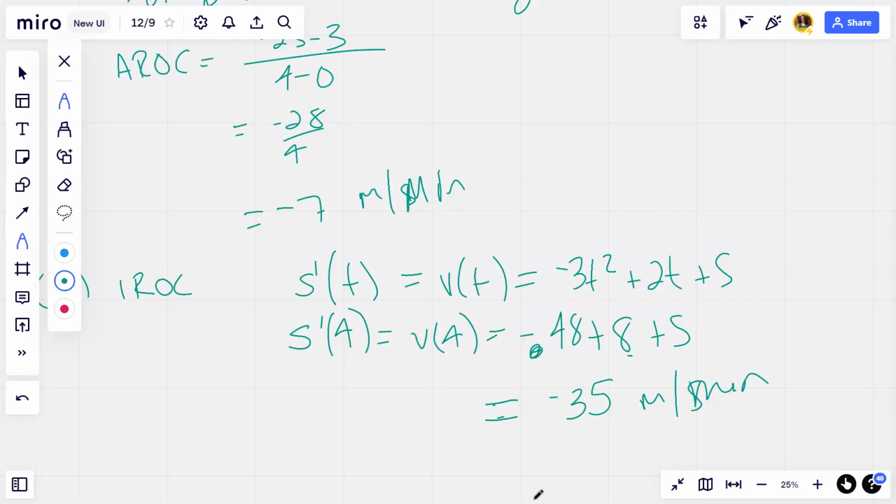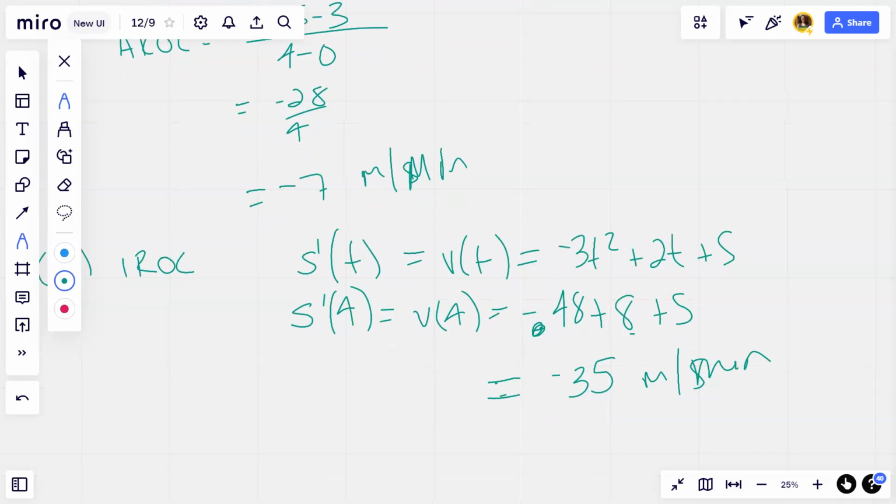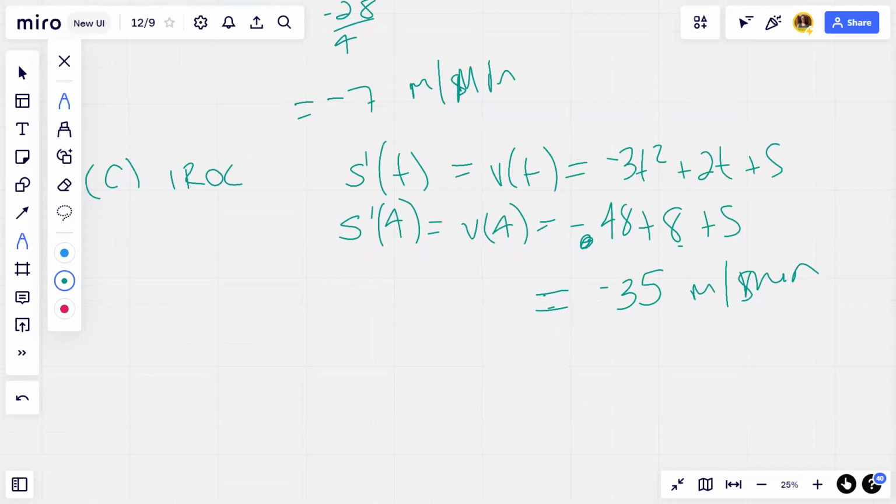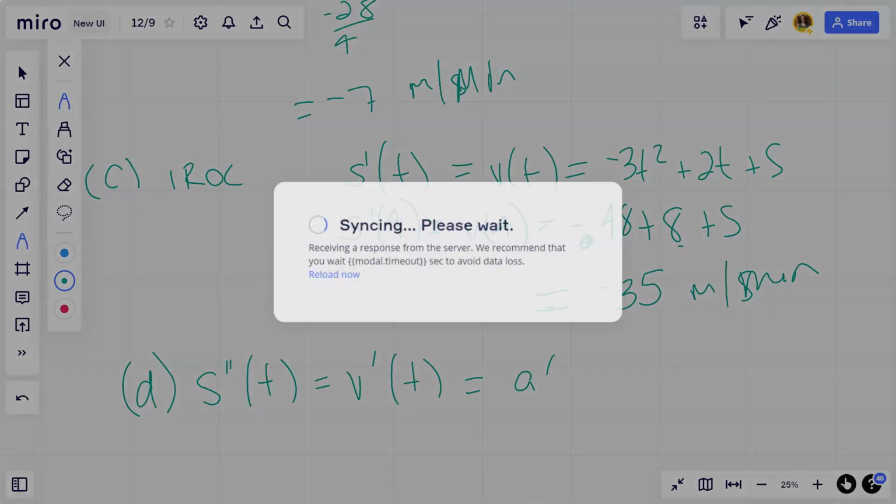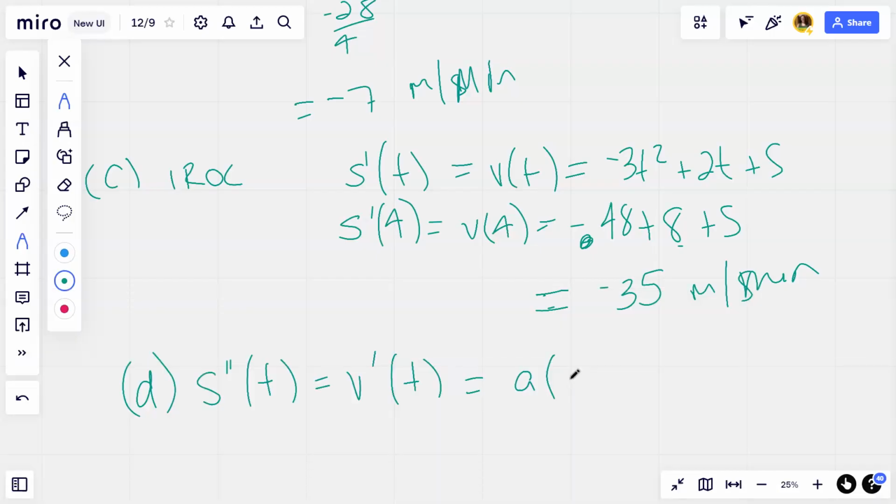All right, part D. Find the acceleration of the particle when t equals 4. Right. So the second derivative of the position, which is the first derivative of velocity, which is the acceleration, which is negative 16 plus 2.